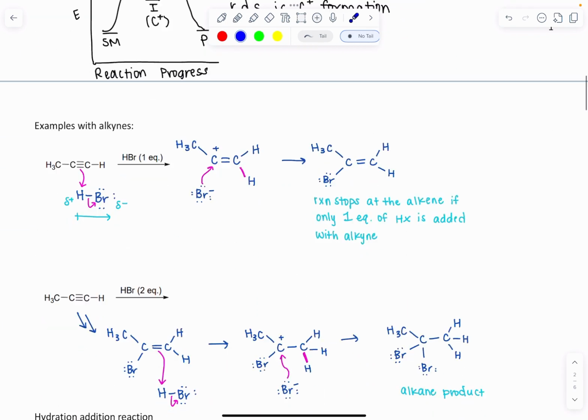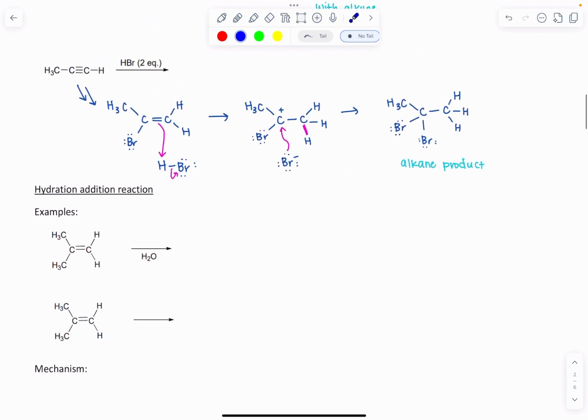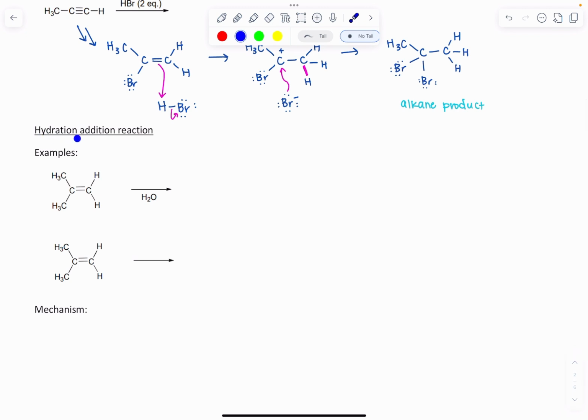So going to the next type of addition reaction, it's a hydration addition reaction. In this case, we're adding H2O. But the thing about H2O is that it's not a strong acid, and so it's not good at giving away a hydrogen. So with just water, just H2O here, we're not really getting any product.